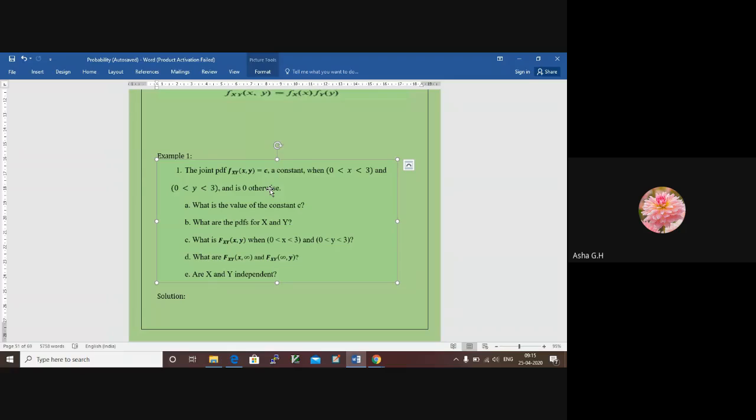Is it possible to get it? Now the question is: the joint PDF fxy of x comma y is equal to 3 into small x and small y, where x can range from 0 to 3 and y can range from 0 to 3. Otherwise, it is 0. Calculate all this. You can just note down this question.